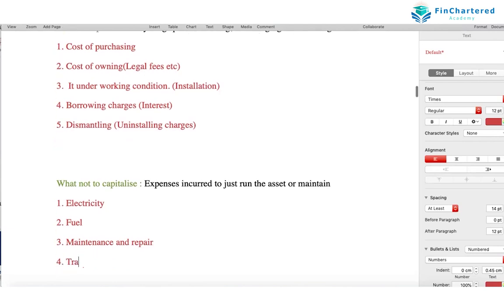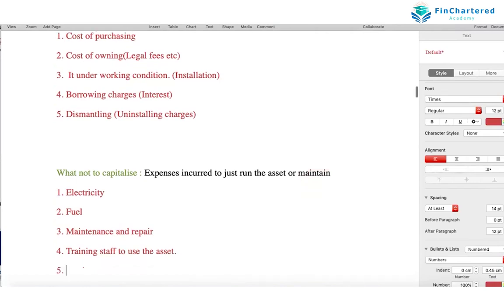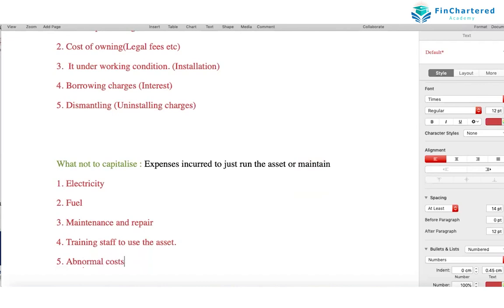Training staff to use the asset. For example, you buy an AC for 50,000 and then 1,000 rupees you have to pay to train the staff to use it. Will you say my asset is worth 1,000? No, it's just an expense to maintain it by the staff. So that also will not be included. And abnormal costs will not be included.